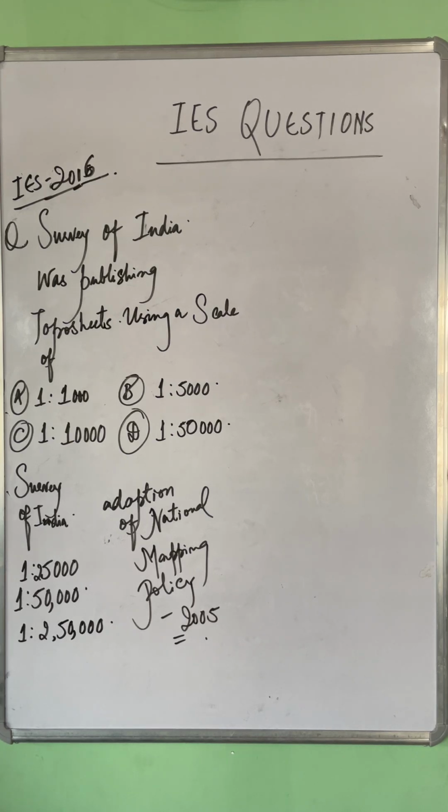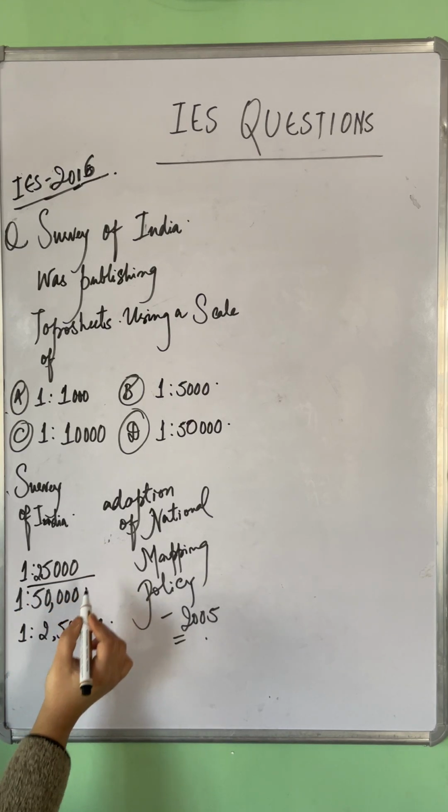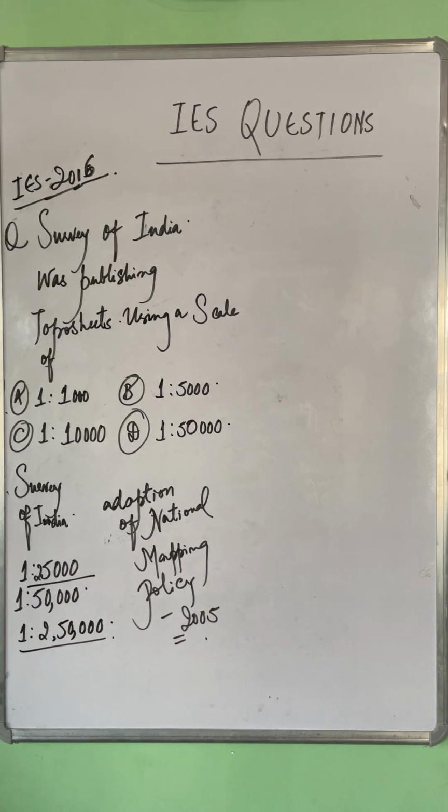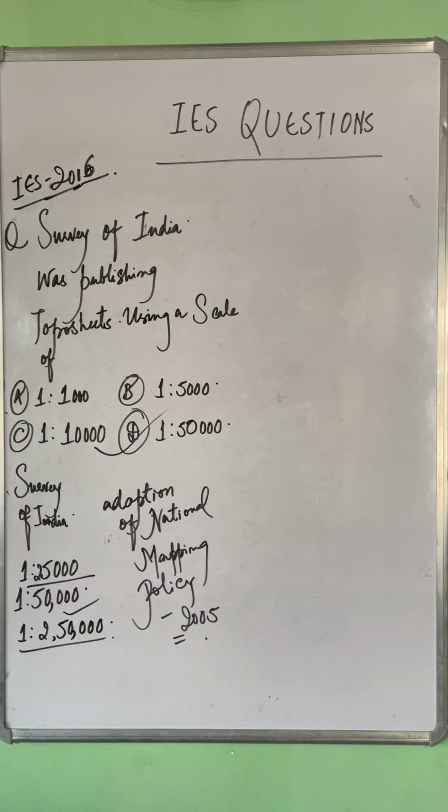But before that, Survey of India was publishing topo sheets using these scales. Since we don't have the other options, the correct answer is option D. Alright, so Survey of India was publishing topo sheets before the adoption of National Mapping Policy of 2005 using a scale of 1:50,000. So option D is the correct answer, right?